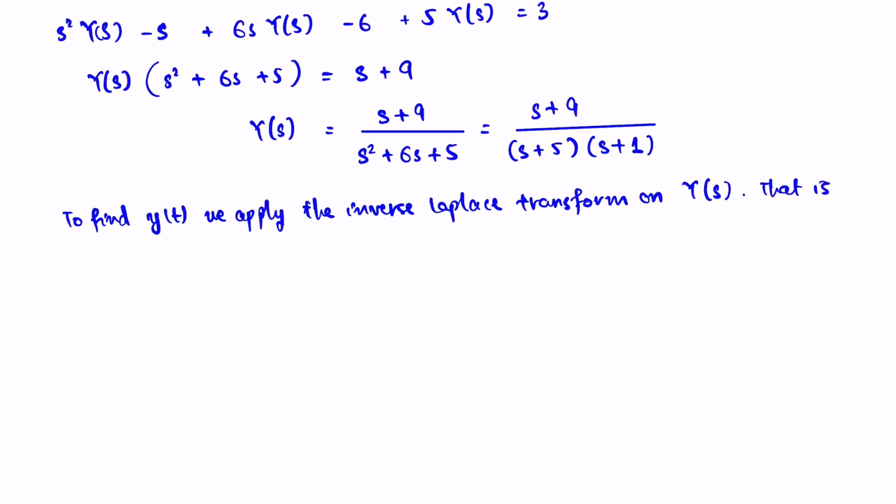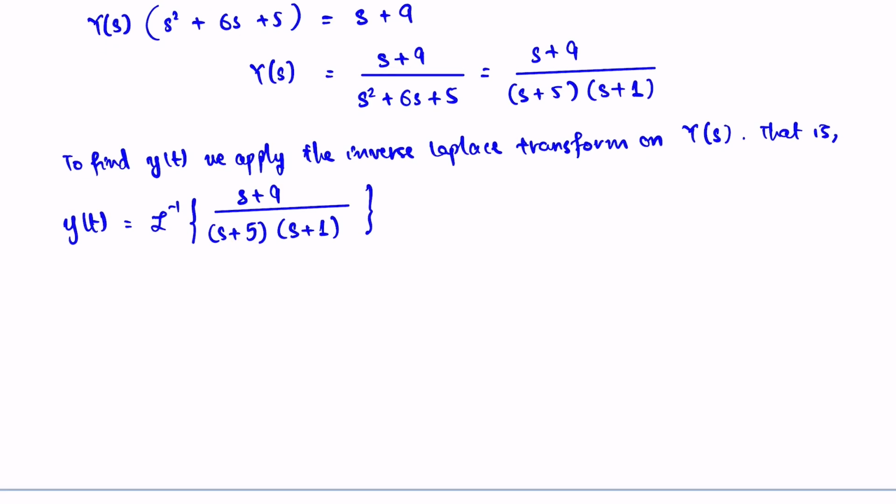That is, you get little y of t equal to the inverse Laplace transform of s plus 9 over s plus 5 times s plus 1. Alright, so think about partial fraction decompositions. Consider the partial fraction decompositions as follows.